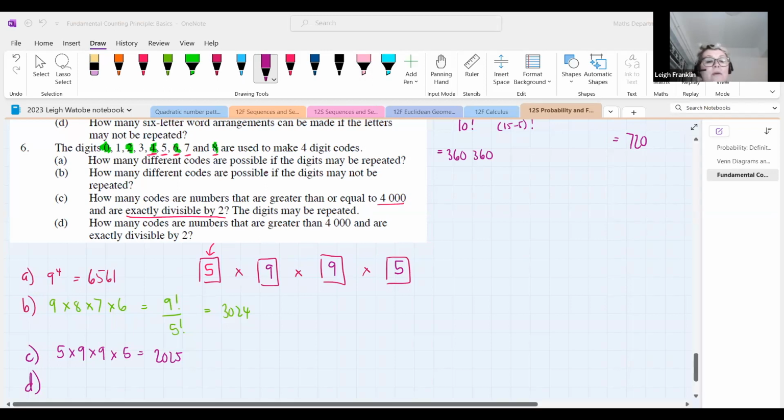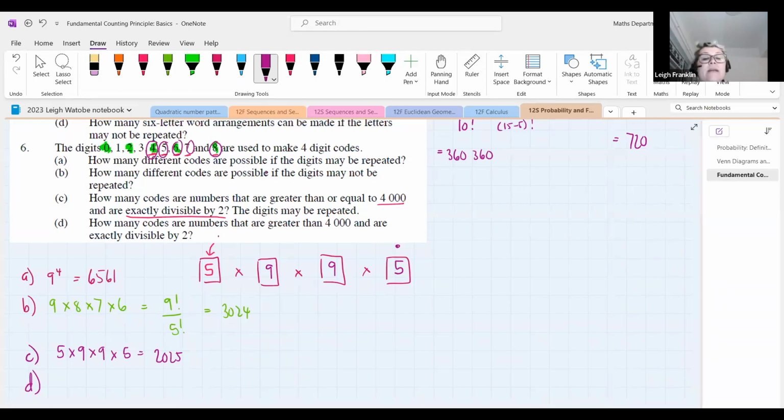Okay, so it has to be a 4 or bigger in the first block. So that gives us 1, 2, 3, 4, 5 options for the first block. If it's an even number, it has to end in a 0, a 2, a 4, a 6, or an 8. That's why we have 5 options. So here it has to be 4, 5, 6, 7, or 8.